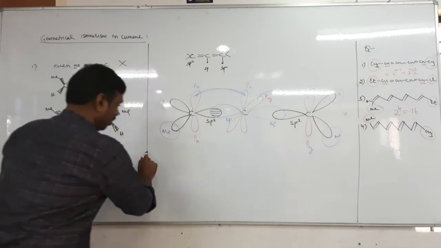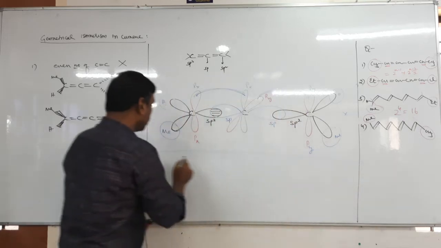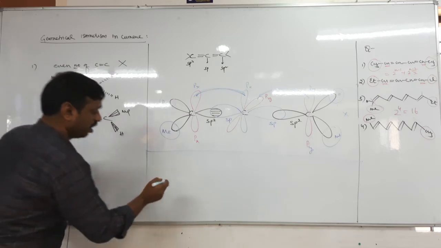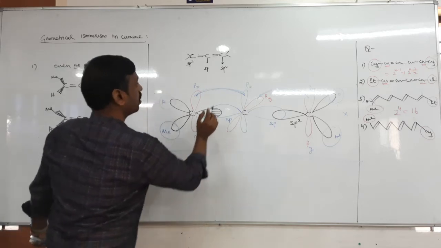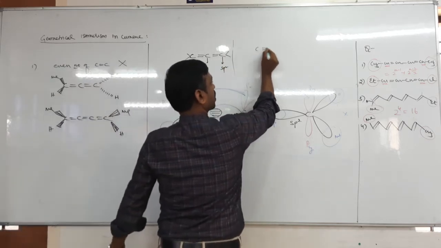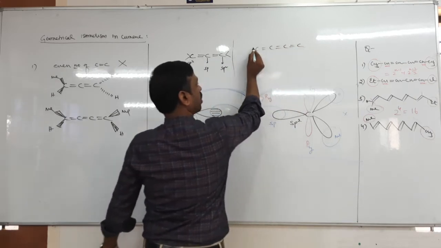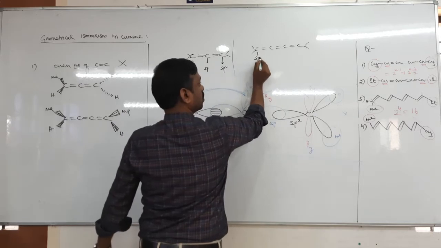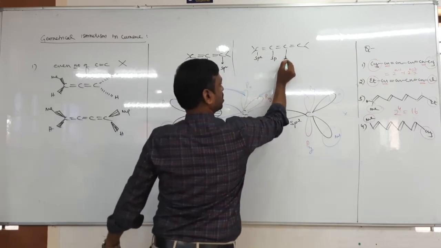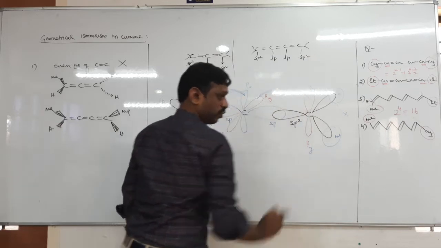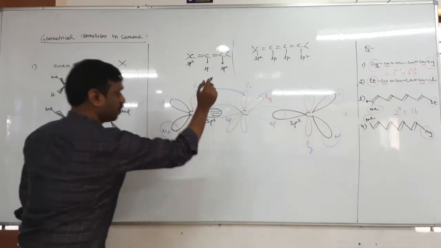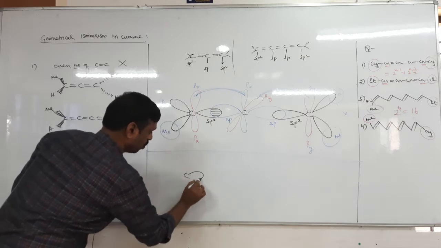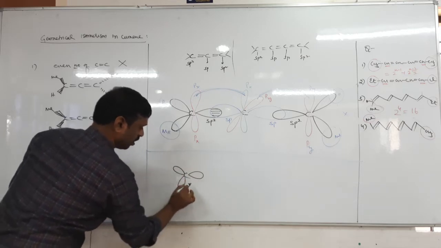Next, if you take an odd number of carbon atoms, let us take here carbon double bond 3. There are groups here. Now tell me, this is sp2, this is sp, this is sp, this is sp2. Let us take the first carbon. First carbon is sp2, forming 3 sp2.